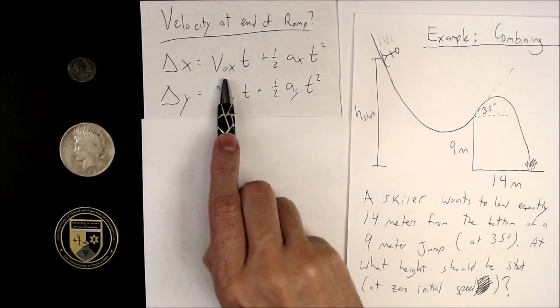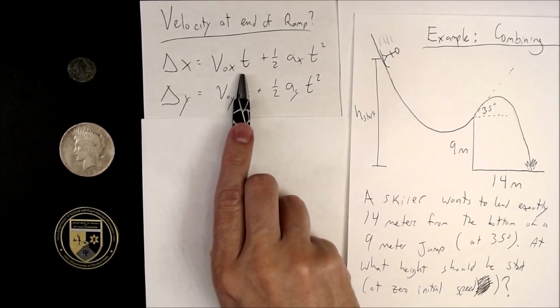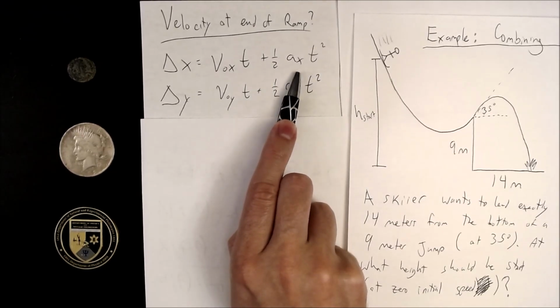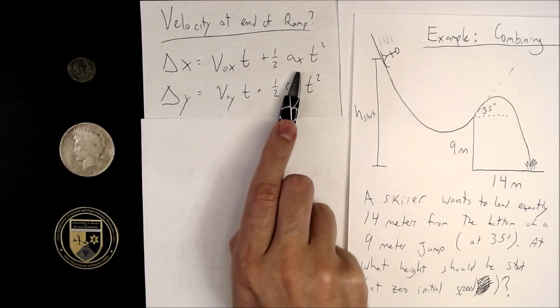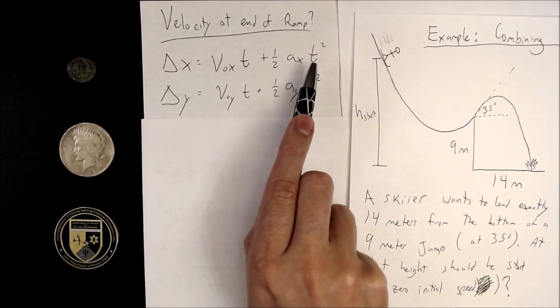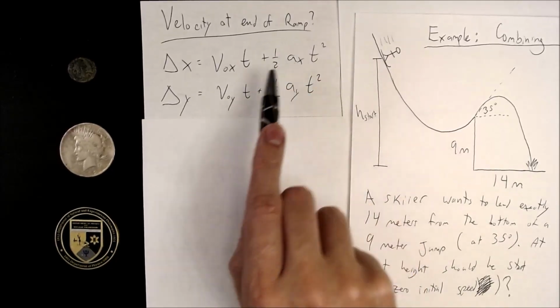Well, I don't know, we need to figure that out. What's t going to be? I don't know, we have to figure that out. What's a x going to be? Yeah, a x is 0. Remember that stuff? If you don't, go back and look at that. And so this whole term doesn't matter now.